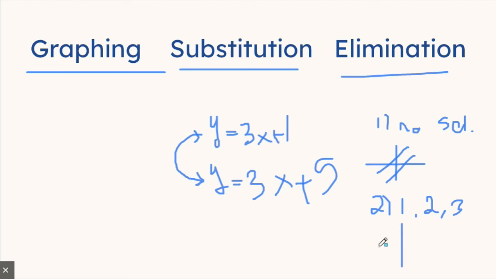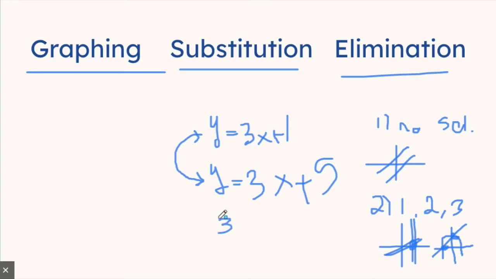And that would mean our lines intersect at one or a few points. For example, this would mean our lines intersect at 1 point. Our lines can also intersect in 2 points. For example, if we have something like this, a parabola that we're going to get into in later lessons, and a linear line, our lines are going to meet in 2 places, and that would be 2 solutions.